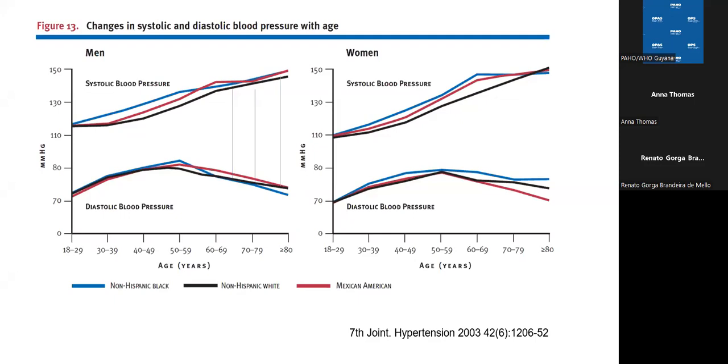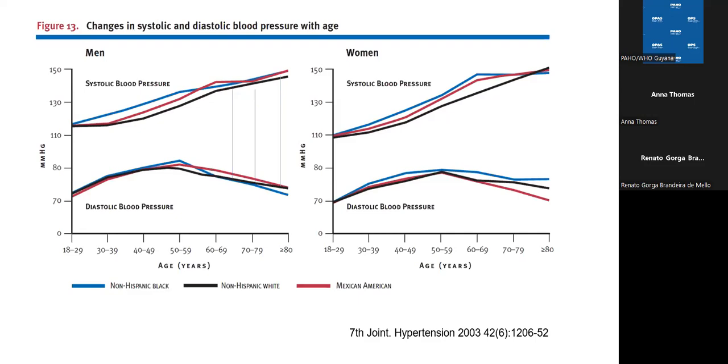However, until a few decades ago, in the 90s, most doctors believed it was a physiological response to arterial stiffness in order to maintain organ blood perfusion.